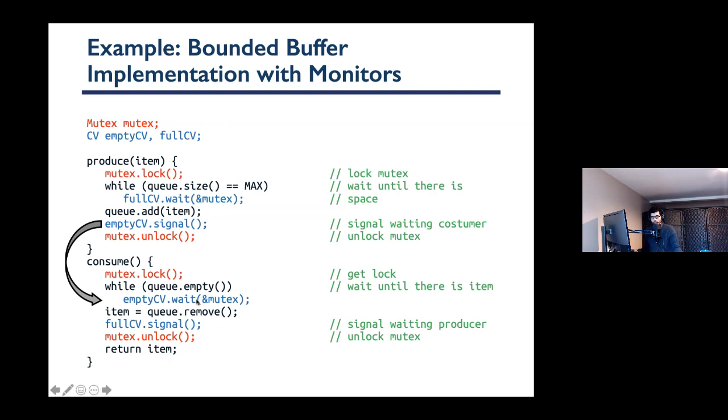Why? Because this thread, before being put to sleep, released the mutex. It just unlocked the mutex to go to sleep. Now it has woken up, and it's inside its critical section, so before it can do anything, it has to acquire the lock. Now, the lock could be free or could not be free. One example: the producer wakes up a consumer.